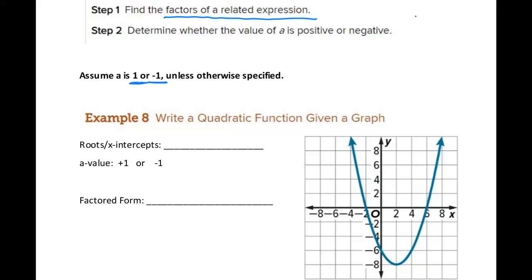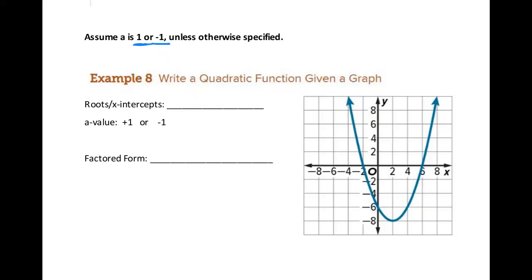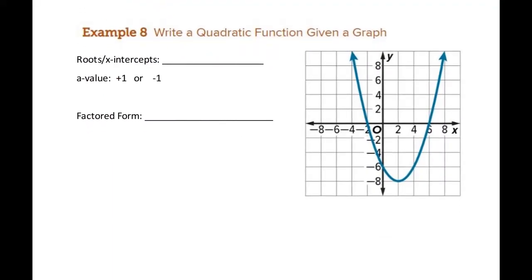Because that a value can change from the graph, and you can't always tell if a is 1, a is 1/2, what is that? So let's take a look. Example 8, write a quadratic function given the graph. Roots, x-intercepts. I want you to circle the roots right now on this paper.